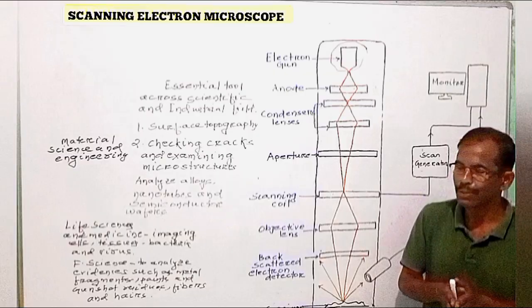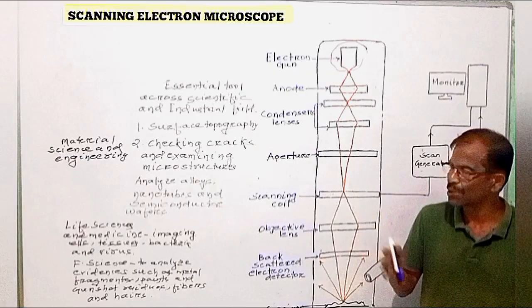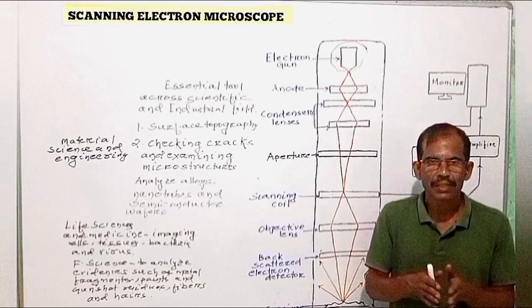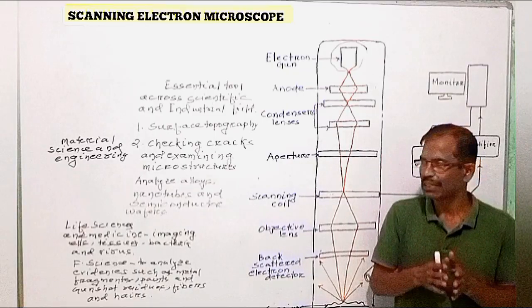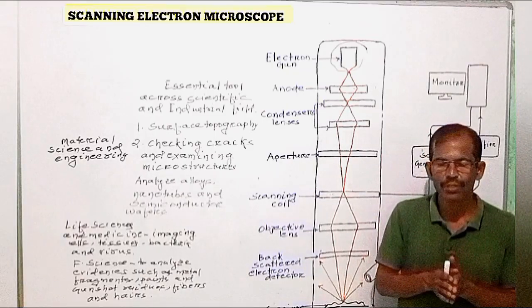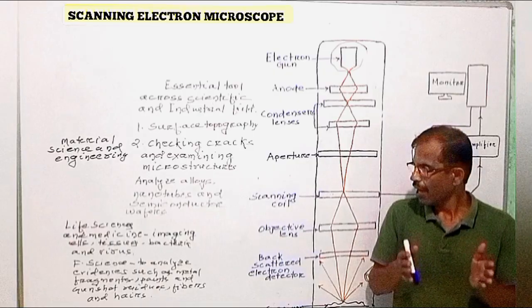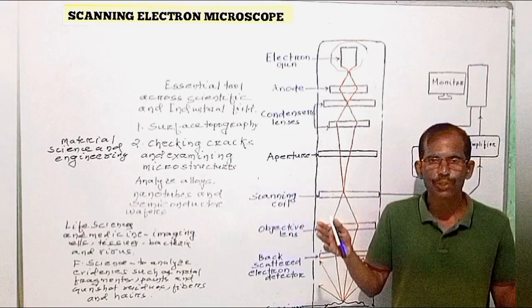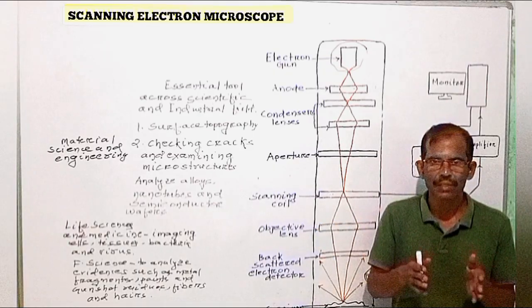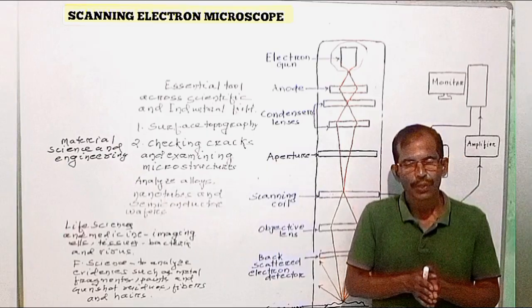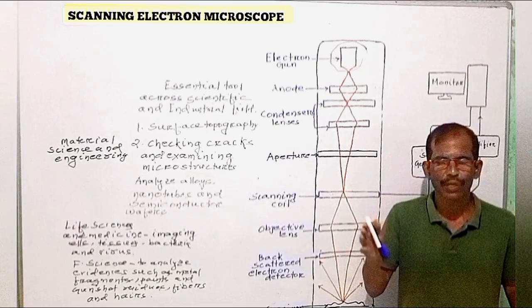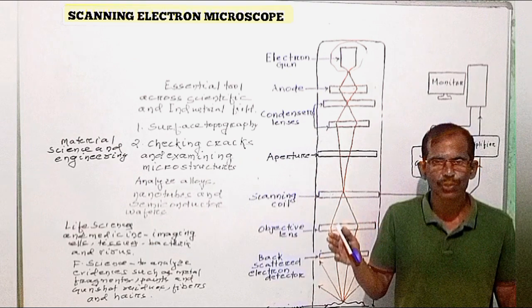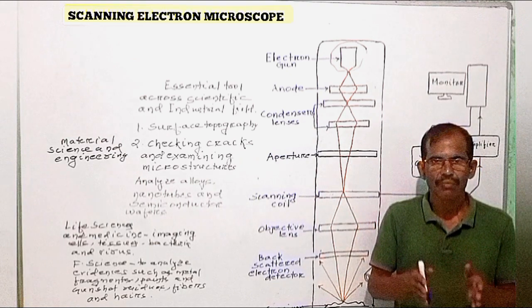Number two, in material science and engineering, SEM is used for checking cracks, to examine microstructures, to analyze alloys, nanotubes, and semiconductor wafers. In life sciences, it is widely used for imaging cells, tissues, bacteria, and virus.